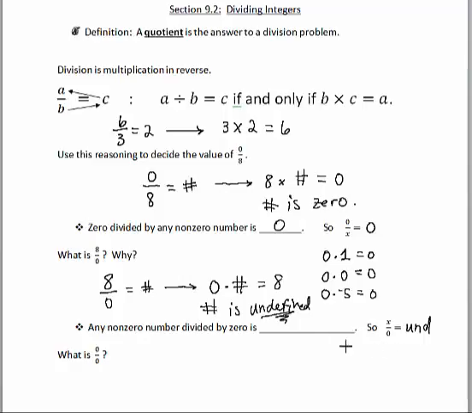Okay, and that leads us to our last situation involving 0 and division. Okay, what is 0 divided by 0? We'll rewrite this as a multiplication problem. 0 times some number equals 0.